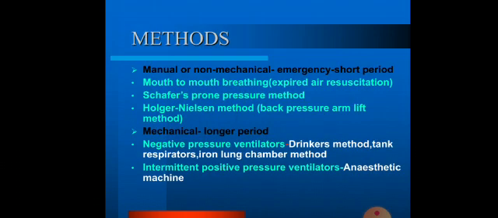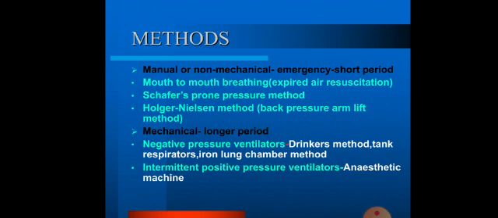Now let's see the different methods of artificial respiration. If you look at the classification, there are two types of artificial respiration in practice. It's either the instrumental methods or the manual method. The manual or the non-mechanical methods are the way of artificial respiration given in an emergency, and that will be normally for a short period.